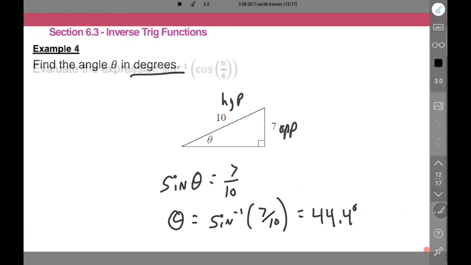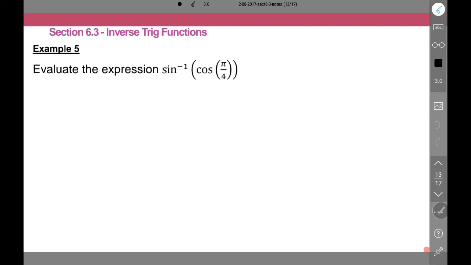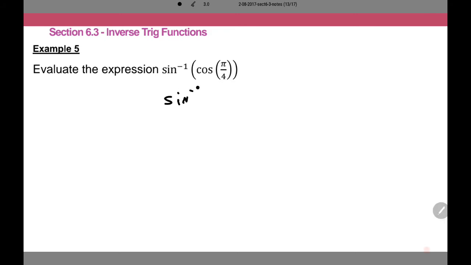All right. Now, this is more stuff that you'll need your unit circle for. Pretty much what we need to do is find the value of the inside part first. And then we can go back to the outside part. So if we go to the inside part, this cosine of pi over 4, we can just change that to be square root of 2 over 2 from our unit circle.